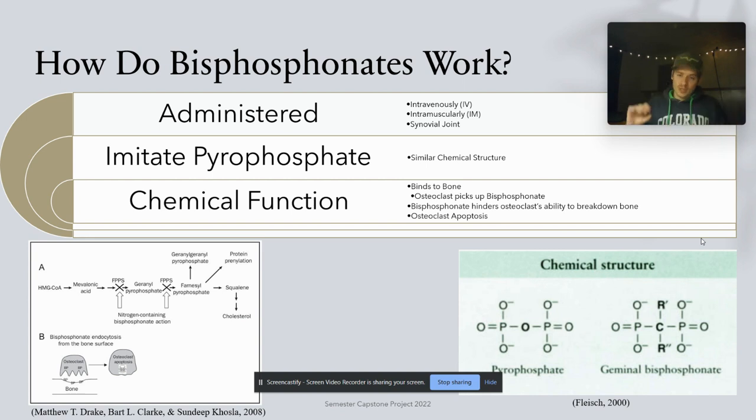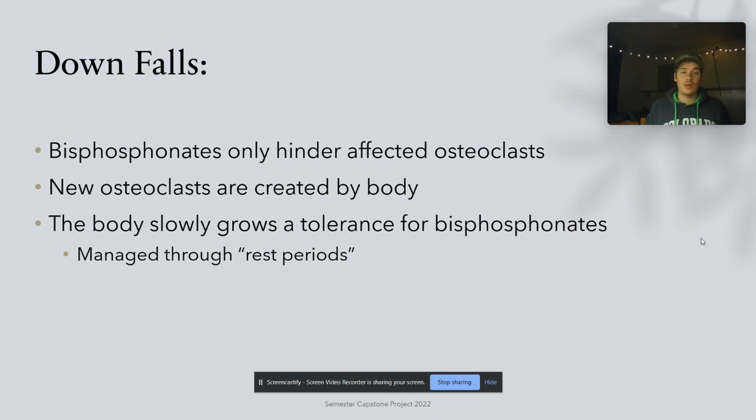And so bisphosphonates line the whole bone structure, and when the osteoclast comes to pick up the pyrophosphate in the diseased bone cell, it picks up a bisphosphonate instead, and that bisphosphonate inhibits that osteoclast's ability to further break down bone. And when this happens, it is now called osteoclast apoptosis.